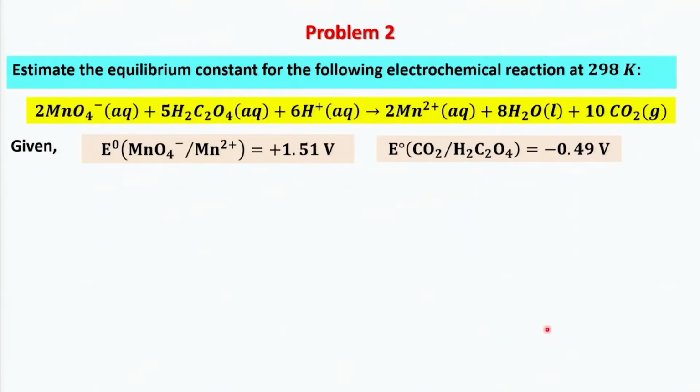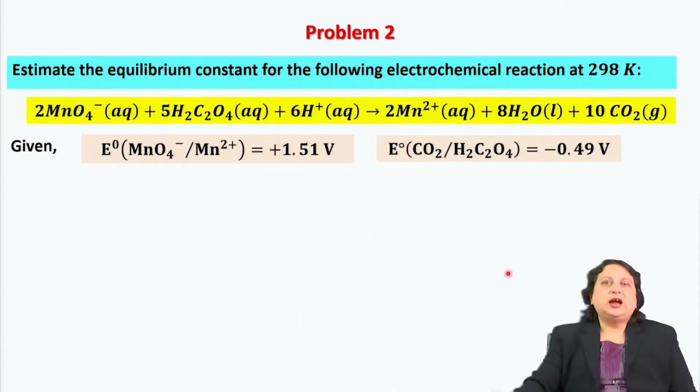Now, moving ahead, let us have a look at this particular problem. I would like to estimate the equilibrium constant for the following electrochemical reaction, but once again I am employing an experimental temperature of 298 Kelvin. What is the electrochemical reaction that I am looking at?